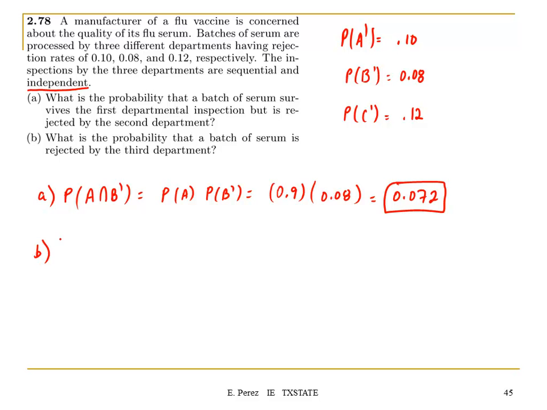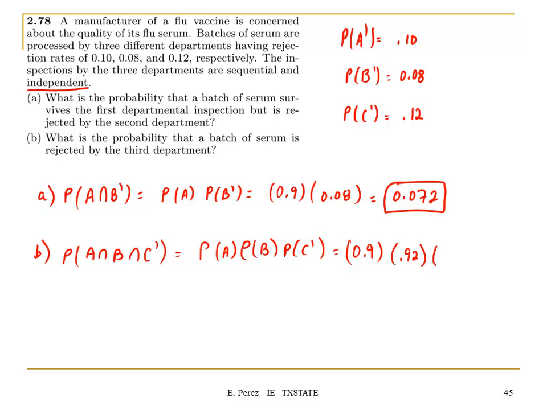Just following the same concepts, we have the intersection of A, B, C complement, and they are independent. So the probability of A times the probability of B times the probability of C complement, and this is 0.9 times 0.92 times 0.12, 0.099.